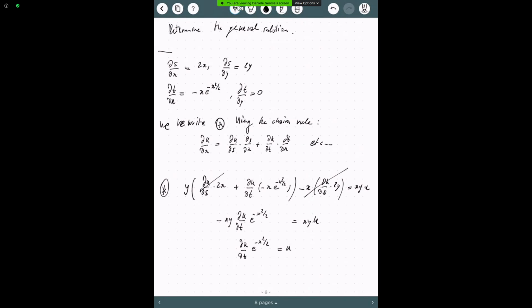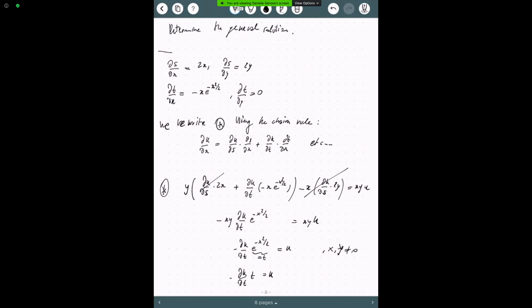Let's say that we are interested in positive x and y, so x, y non-zero. And there was a minus that I forgot. There is still a minus, and this is t, by definition. So we have a new differential equation.